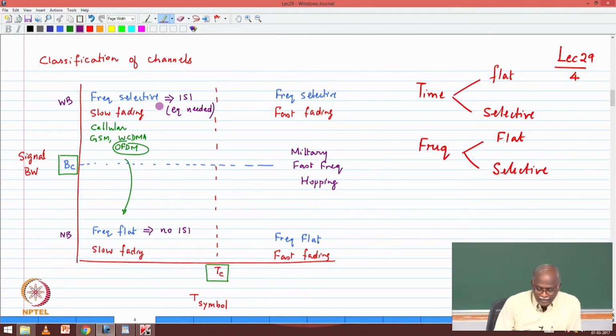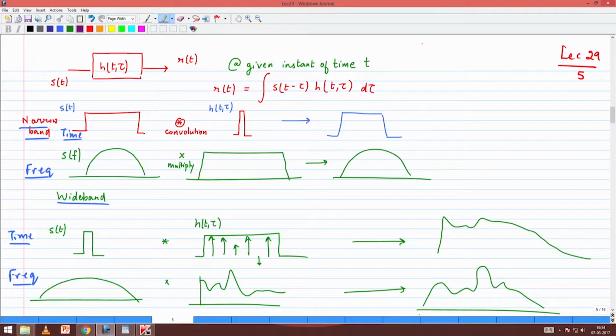So equalizers are needed, but these are channels where we can do channel tracking and then build efficient coherent receivers. With multiplicative fading, you have a convolution in frequency, whereas the dispersiveness of the channel results in a convolution operation in the time domain, which means it's a multiplication in the frequency domain. If it is a narrowband signal, the dispersiveness of the channel is much less than the duration of a symbol, so there is slight distortion of the transmitted symbol, and the spectrum is more or less transmitted without much change.